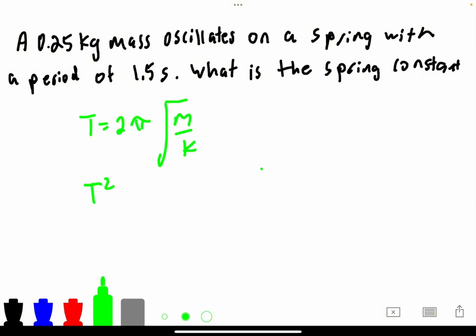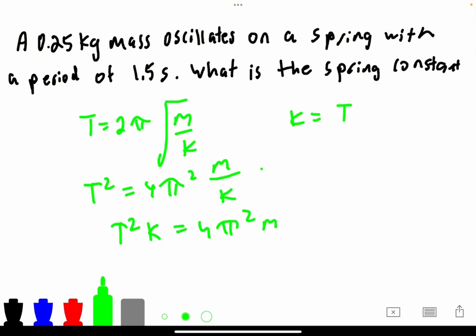So T squared is equal to 4 pi squared m over k. I need to isolate k, so T squared times k is 4 pi squared times m. And so k is equal to 4 pi squared m over T squared.